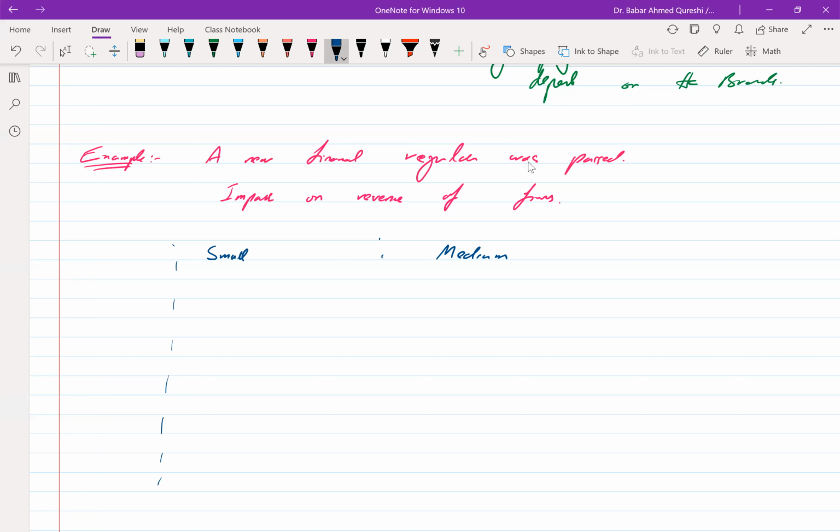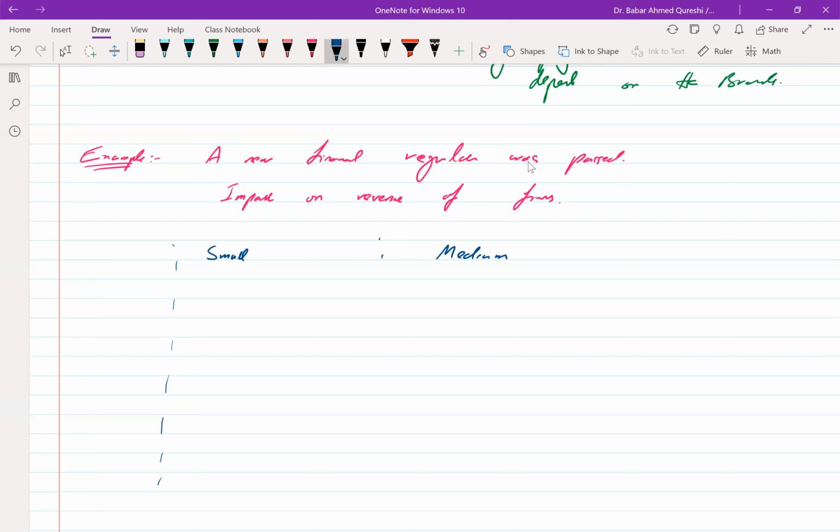What they found was that 17 small firms had no impact, 13 medium firms had no impact, and 6 large firms had no impact. Similarly, 13 small firms had significant impact, 41 medium firms had significant impact, and 22 large firms had significant impact.